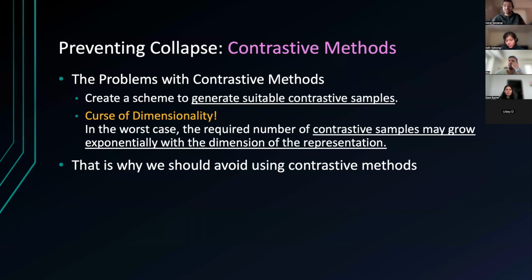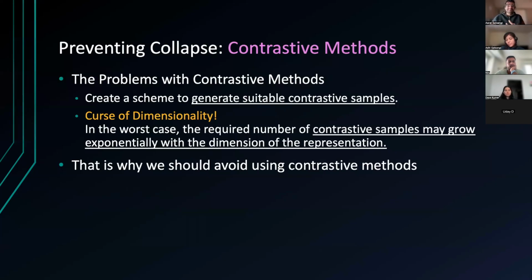It's a bit of a hard task, because you might introduce some kind of bias, right? Because of your different contrastive samples, whether they work or they don't work, there could be different biases that can come from there.